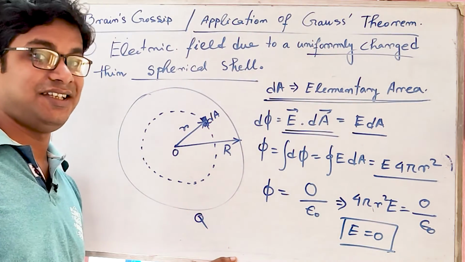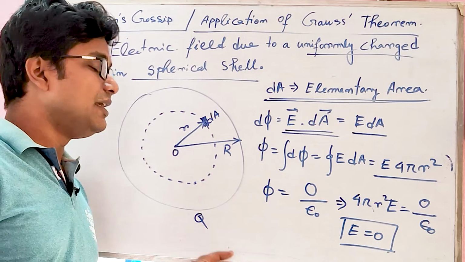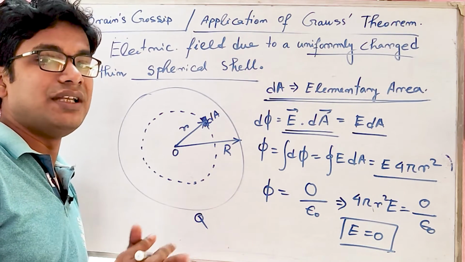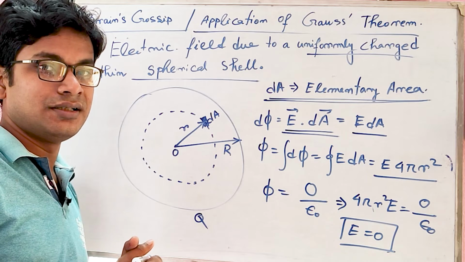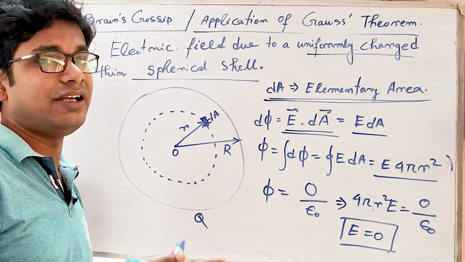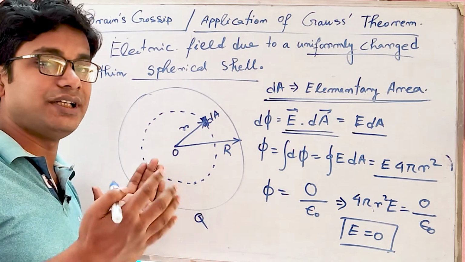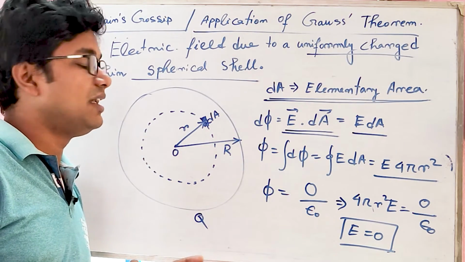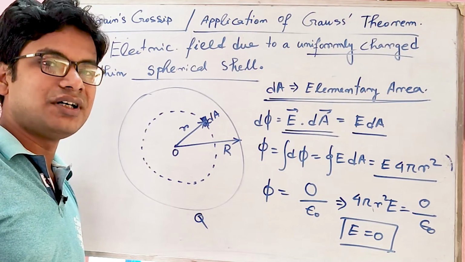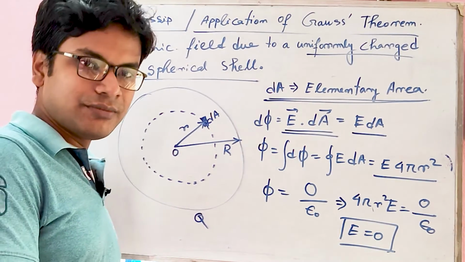So what does it mean? It means that inside the spherical cell there is no electric field, and that is quite obvious, that inside any kind of conductor or any kind of spherical cell we cannot see any electric field. So this was the application of Gauss's theorem.